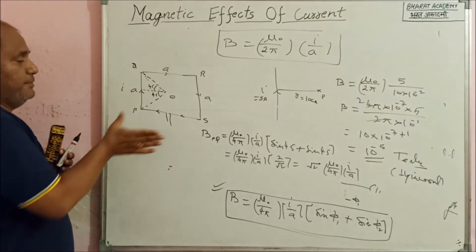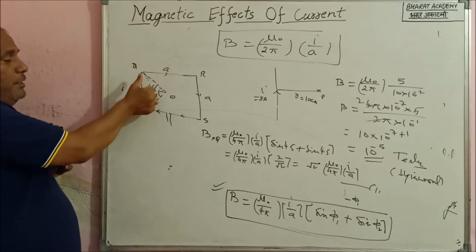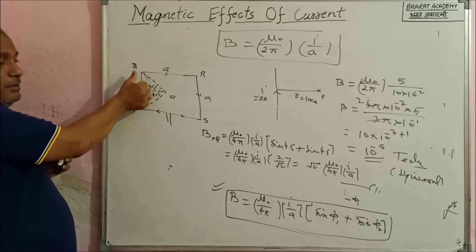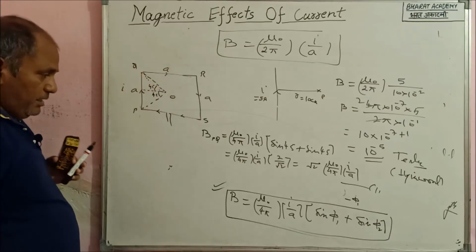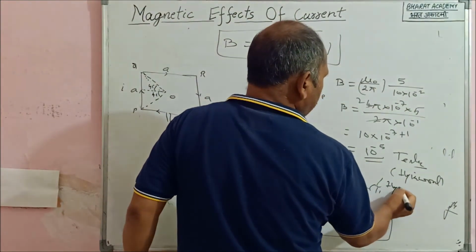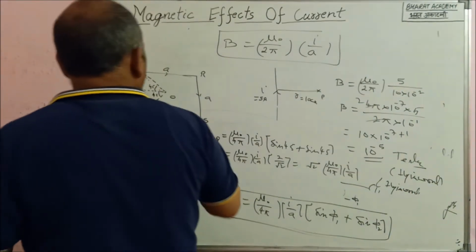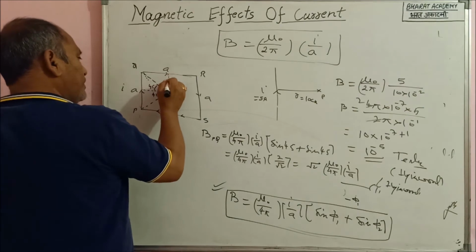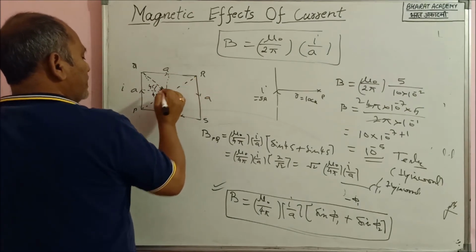What about the direction? Just look here. This is the current direction. The point is here. The magnetic field is inward. The palm is directing toward the inward direction, perpendicularly inward. Same way we can calculate the magnetic field produced by the QR segment.